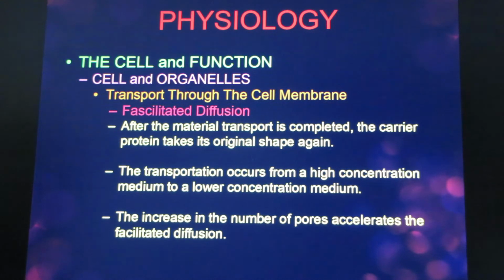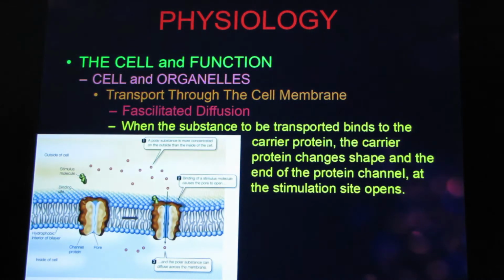The increase in the number of pores accelerates the facilitated diffusion. So pores are the most important areas in the cell membrane to take necessary elements into the cell. When the substance to be transported binds to the carrier protein, the carrier protein changes shape and the end of the protein channel at the stimulation site opens.